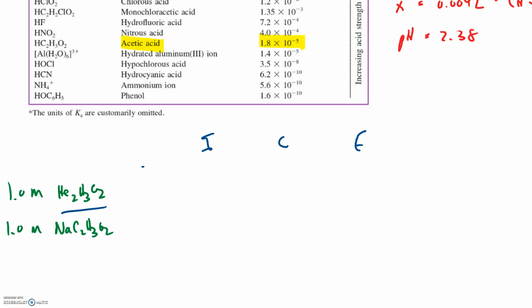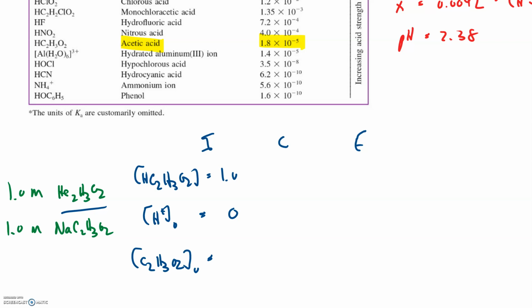So what's our initial concentration of HC2H3O2? 1. What's our initial concentration of H+? 0. What's our initial concentration of C2H3O2- when we start this off? Now, if this was just a regular acid, this would also be 0 because we would wait to see what the dissociation was.